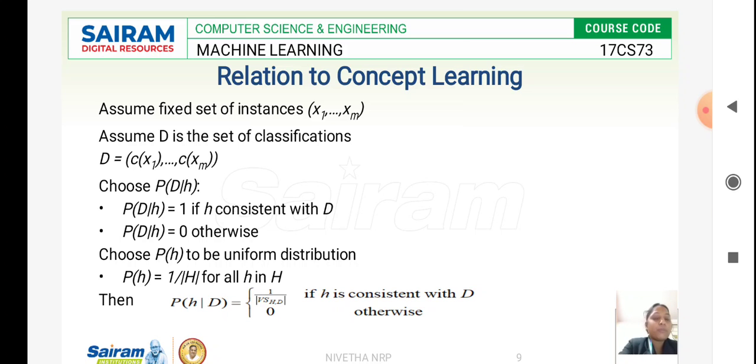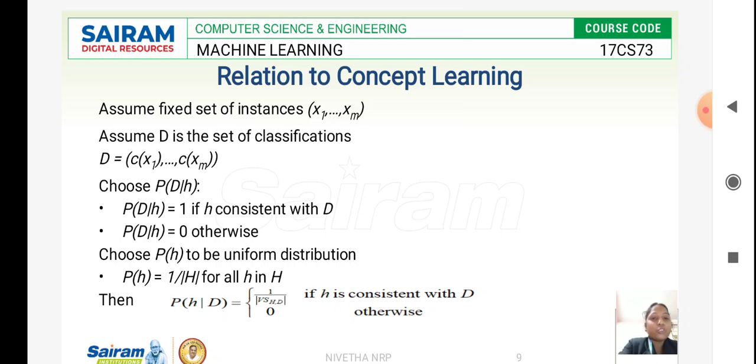If the probability of D given H is 1, we say that H is consistent with D. Since the output obtained is 1, it represents that your prediction will be true and H is consistent with D. Otherwise, if the probability of D given H is 0, we apply a uniform distribution function.